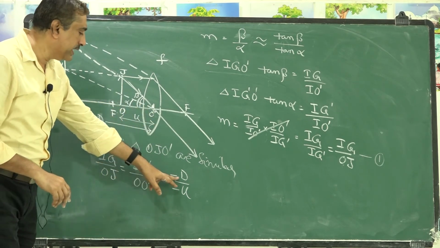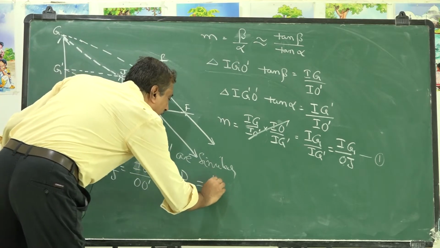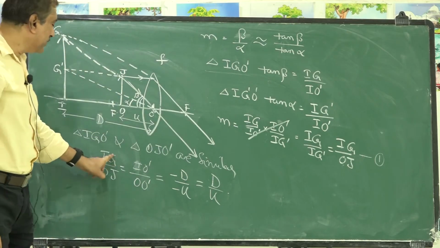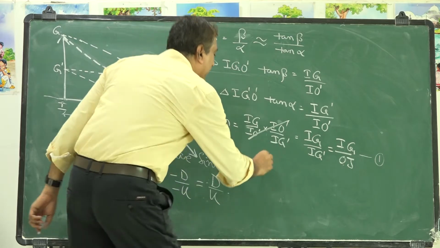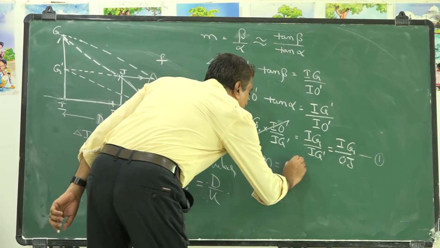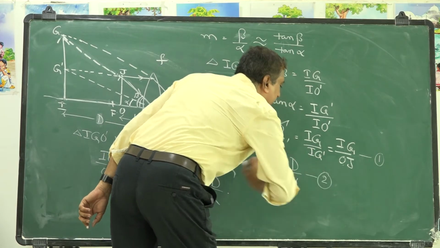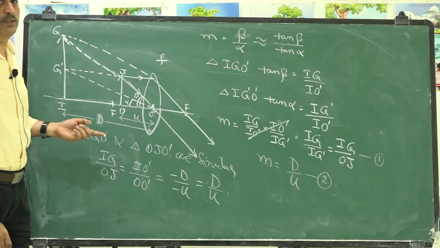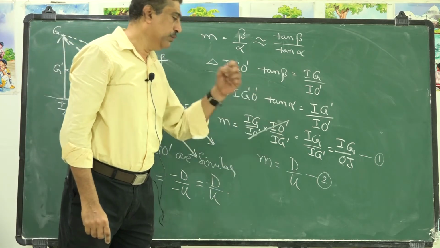Therefore, this can be written as minus D by minus U, which is equal to D by U. So now substitute IG by OJ is equal to D by U in this equation, we get M is equal to D by U. This is the second condition. So the magnification of simple microscope is M is equal to D by U.